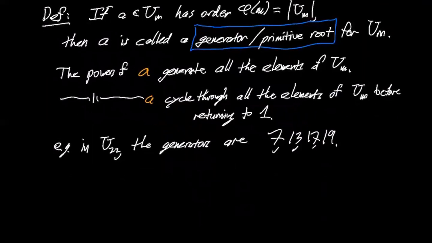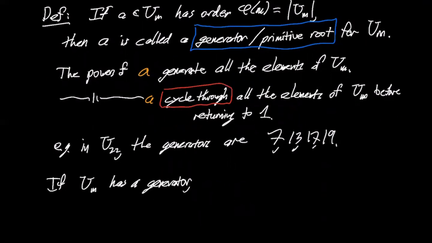I said cycle through right here because that's another terminology. So if U sub M has a generator, we say U sub M is cyclic. That's another terminology. These are all definitions, I guess. So it's called a cyclic group.